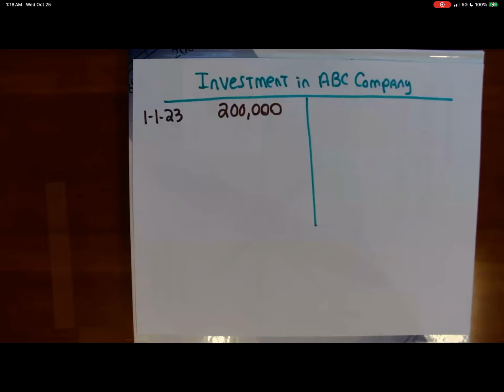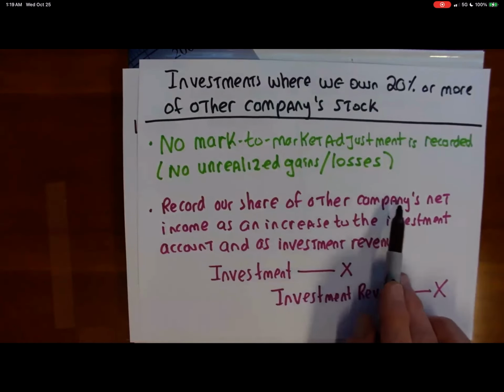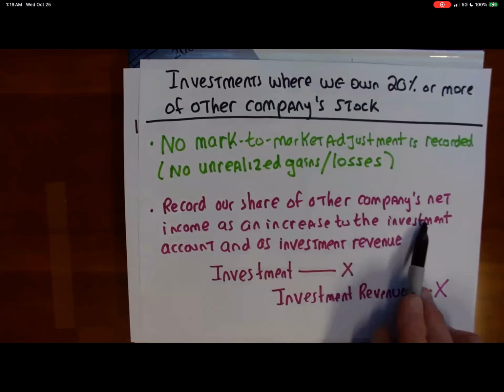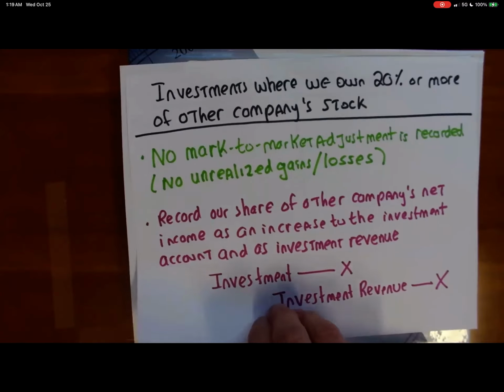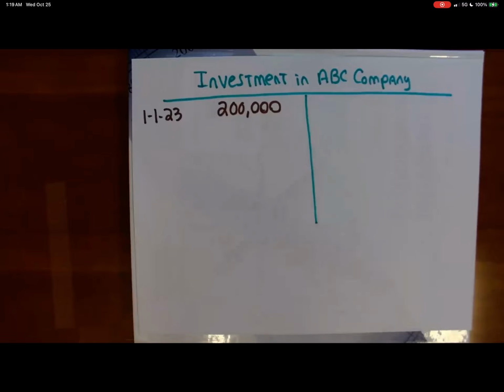So the investment would go up by the 40, or you would take 40% of the net income and attribute that to an increase. Let me get caught up. What did we write down? Our share of the other company's net income is recorded as an increase to the investment account. And their net income in 2023 was $100,000, but we don't own all of it.